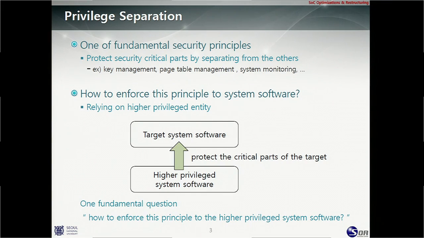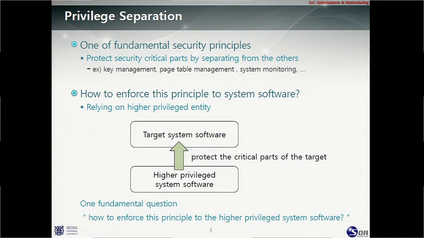The most intuitive and obvious approach we can use to enforce this principle on system software is to rely on a higher privileged software entity than the target system software. For example, if we want to enforce this principle on an operating system, then we can use a hypervisor, which has a higher privilege level.